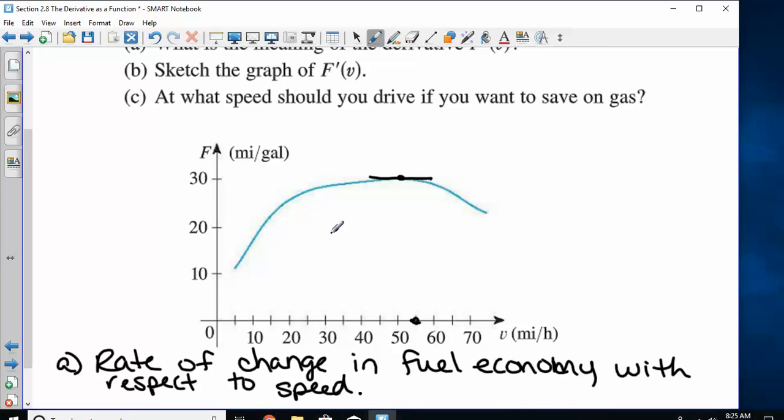Until then, this is pretty steep, so that's going to be kind of high. All these are increasing, so they're positive. Then it's flattening out, so it should be getting closer to 0. So we're going to start coming up, and it's just going down, flattening out to 0. Then this section is decreasing, so that tells me it is negative. Does it ever start flattening out? No, so it's not ever really coming back to 0. It's just looking like that. Okay, very, very rough sketch here.